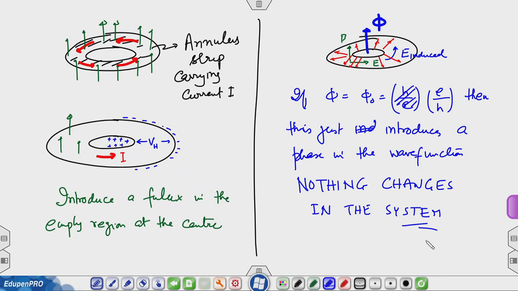So, as long as electrons are mobile, they are going to move out, and when phi equals phi naught, the system is going to come back to its original state, but something has happened during that time.